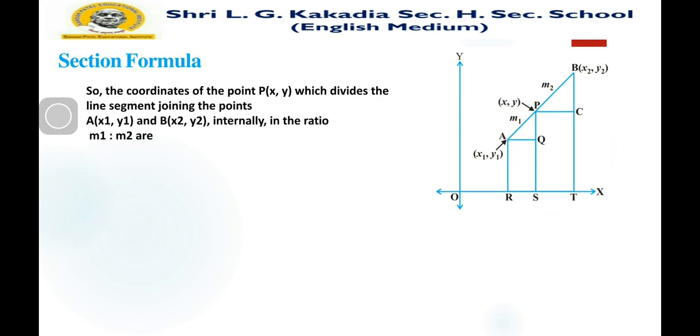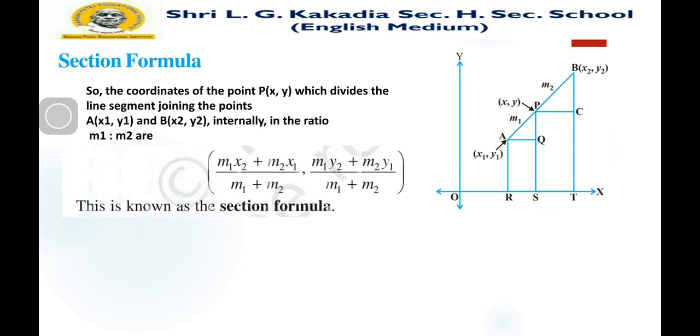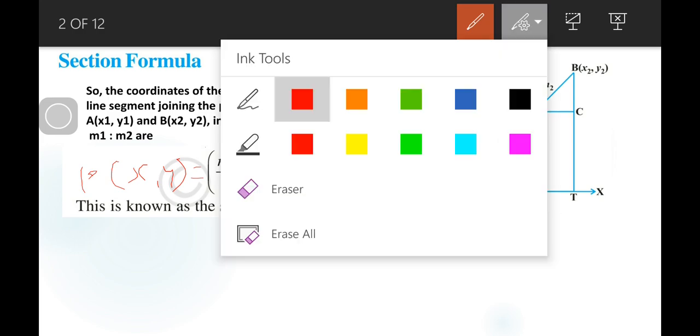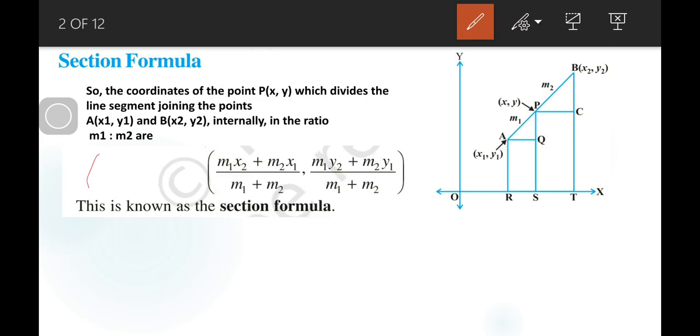So the coordinates of point P, x comma y, which divides the line segment joining the points A (x1, y1) and B (x2, y2) internally in the ratio m1 is to m2, are given by this formula.